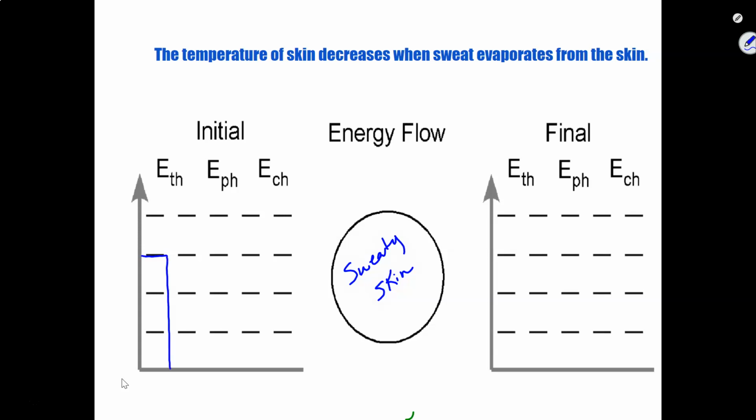And that's higher than room temp, so I'll just go with 3 bars. And the phase would be, it's liquid, that's sweat on there. And in the end, this cools down, and the phase energy increases because that sweat became a vapor.